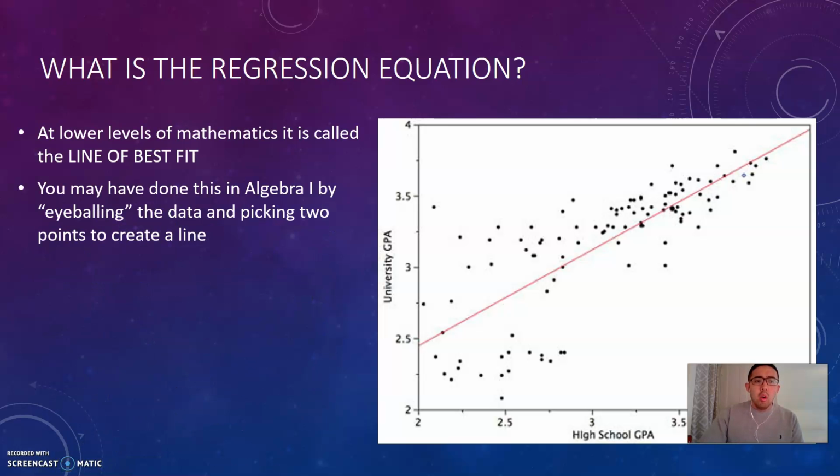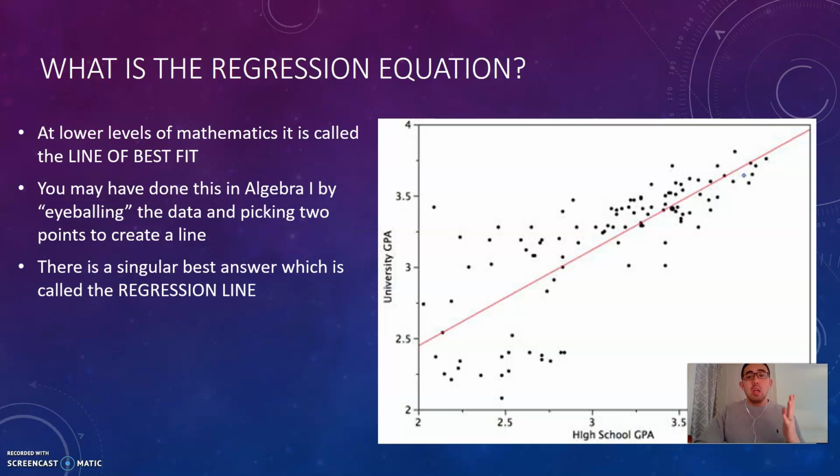What you did in Algebra 1 was you found 2 points that you thought would fit the best line, and then you would create the equation from there. So you kind of eyeballed it and said, this is my best line. However, now there is actually a singular best answer, and that answer is found a particular way, which we will go over in today's lesson.